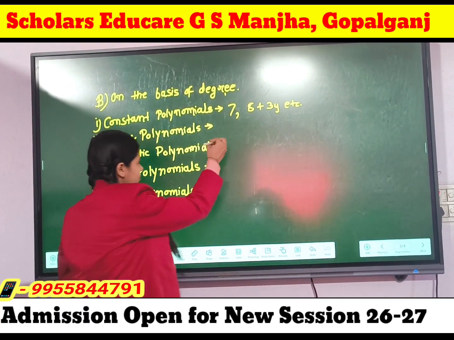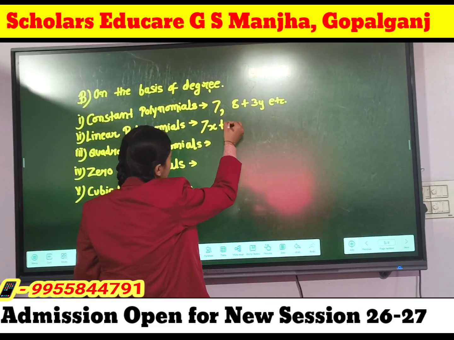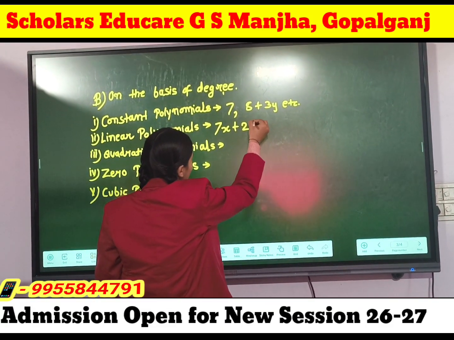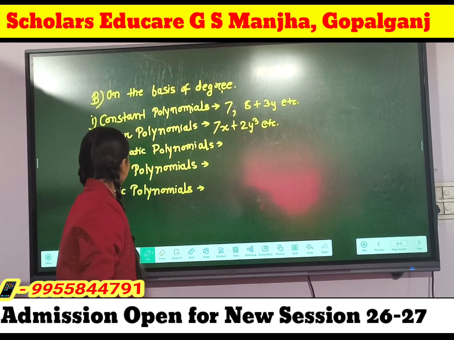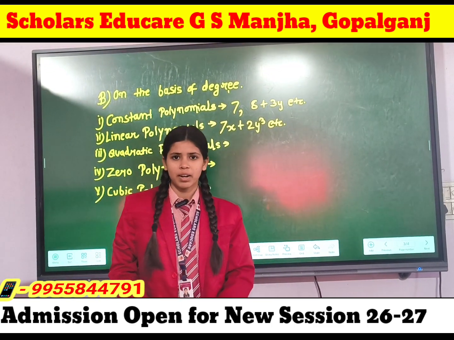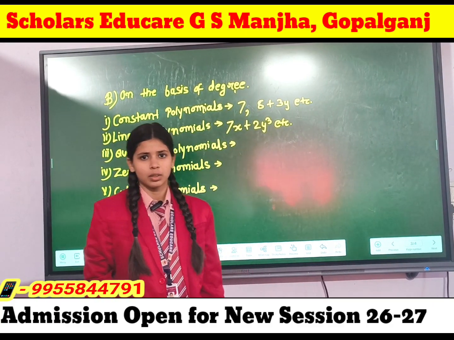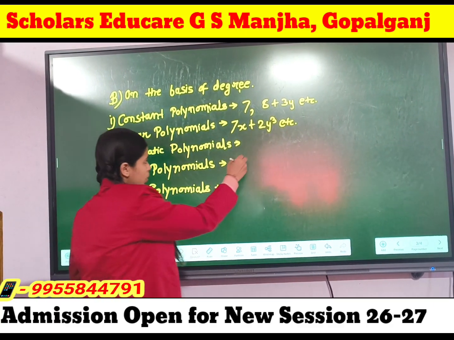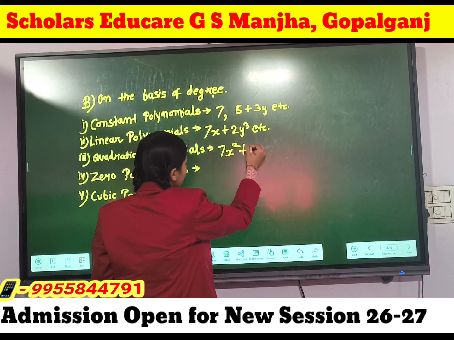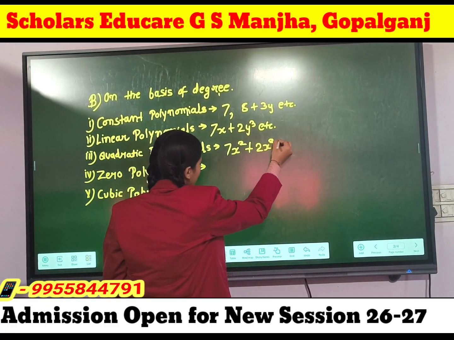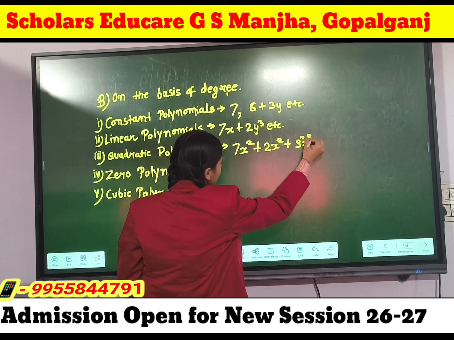For example, third is quadratic polynomials. The polynomials with degree 2 are known as quadratic polynomials. For example, 7x square, 2x square plus 3x cube.